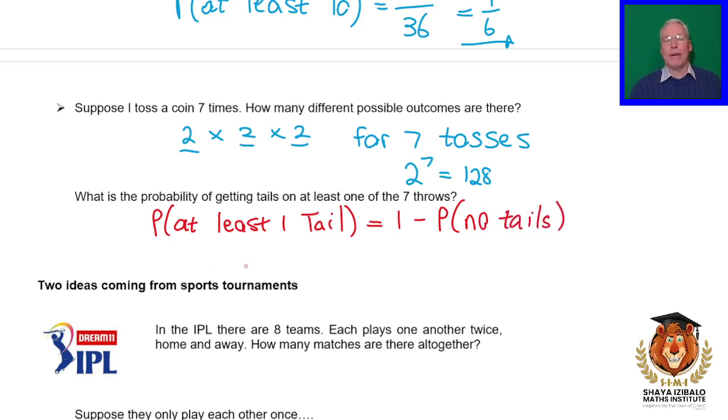If we think of all 128 different possible outcomes, there's only one where we get heads on every single one. So our answer is going to be 1 minus 1 out of 128. It's actually going to be 127 out of 128, which is very, very likely. 127 out of 128 is nearly 100%.